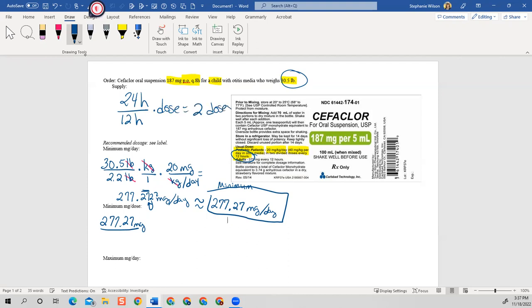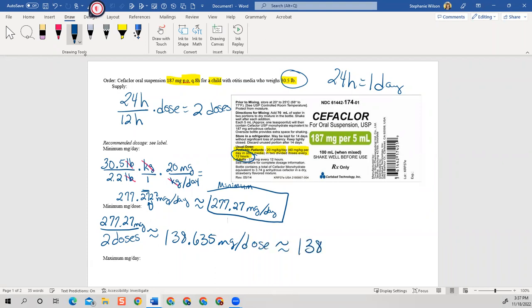Because 24 hours equals 1 day, in the place of day, I'm going to put 2 doses. Let's divide 277.27 by 2. That gives me 138.635 milligrams per dose. Rounding to the nearest hundredth gives 138.64 milligrams per dose. So this is my minimum.